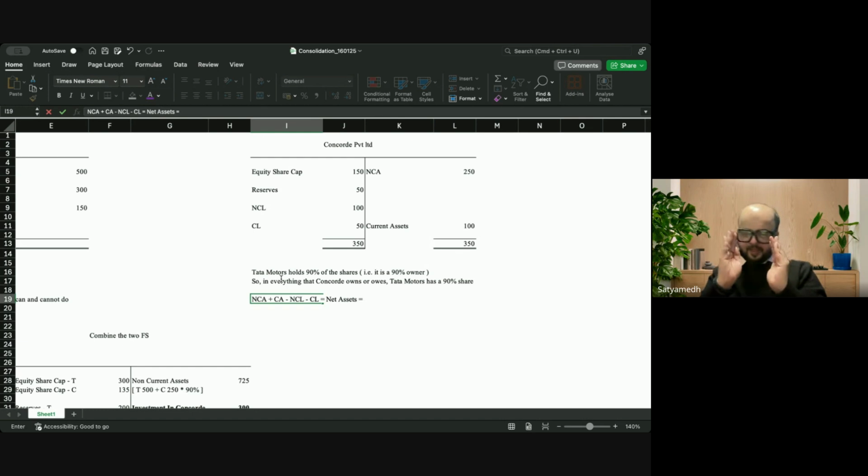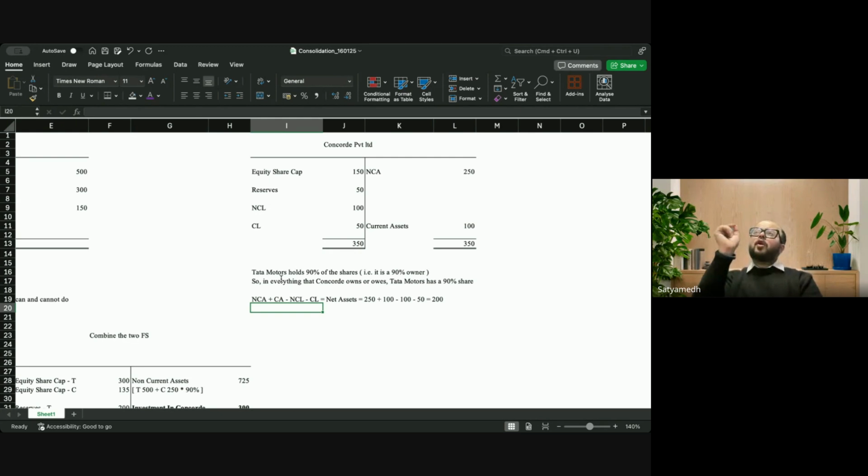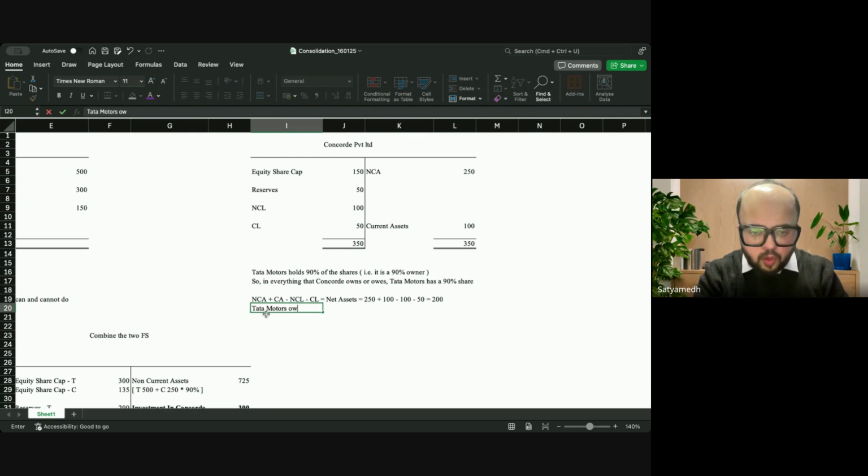What are the net assets right now? 250 plus 100 minus 100 minus 50. Okay, this makes my net assets 200. Now of Concord Limited's net assets of 200, Tata Motors owns 90% of it. So basically 90% of the net assets is owned by Tata Motors.